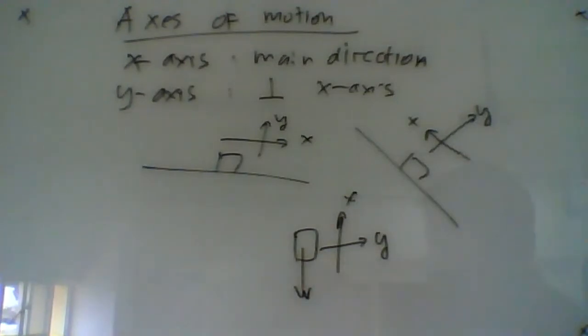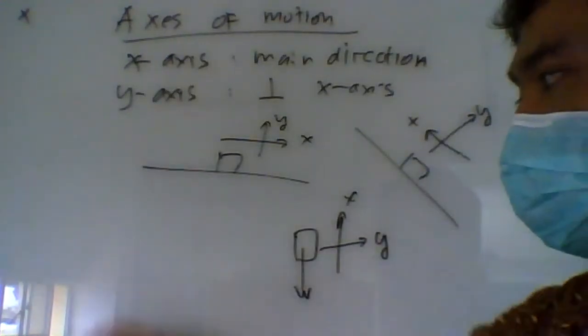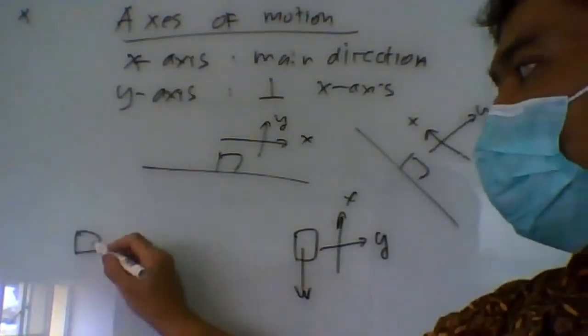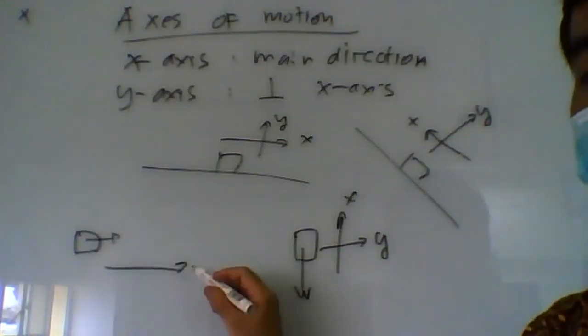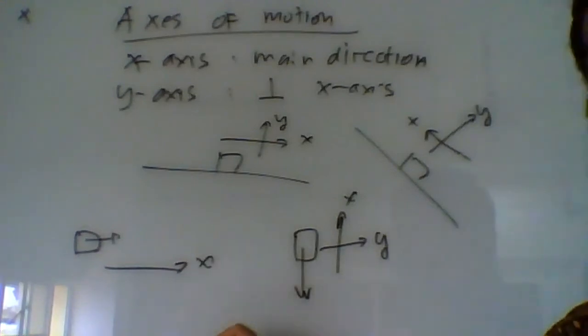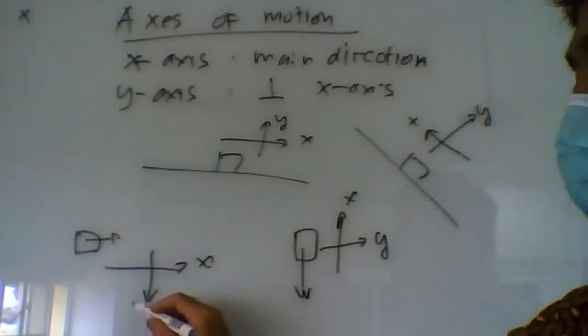Moving left or right, it's going to be the direction here. If we throw an object sideways, then this is the main way of moving. This is the x-axis, and this is going to be the y-axis.